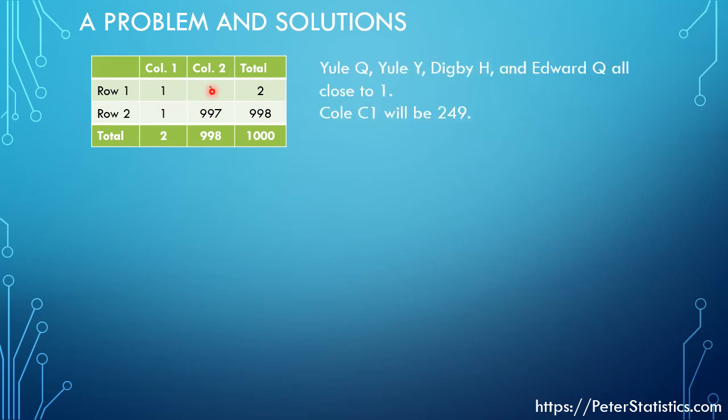So if you would actually calculate this, Yule's Q and the other measures based on the odds ratio will all be very close to 1, 0.9 something. Cole's C will even be 200, C1 will even be 249, so off the charts. And the question a little bit is if that's fair.